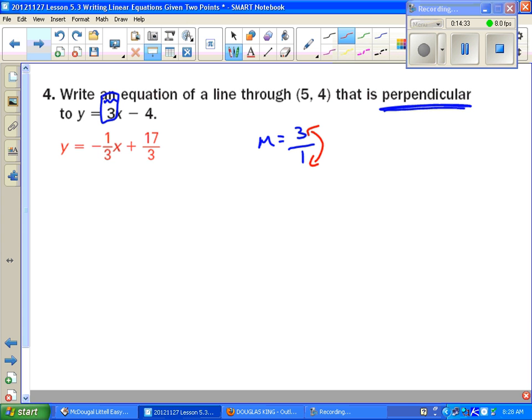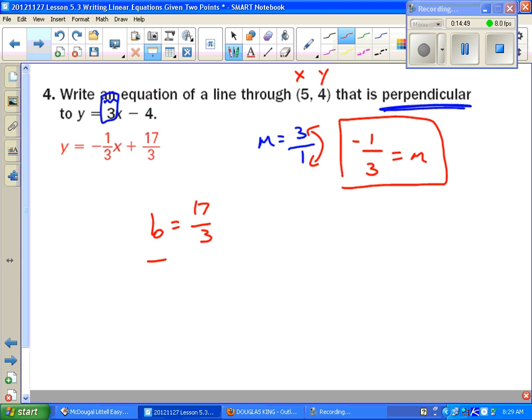So 3 over 1 becomes 1 over 3, and positive becomes negative. So your new slope is negative 1/3. Plug that in. Y equals mx plus b. This will be your x. This will be your y. And you'll get b's value equal to 17 over 3. Once you have b's value and m's value, you just plug them into your new equation.